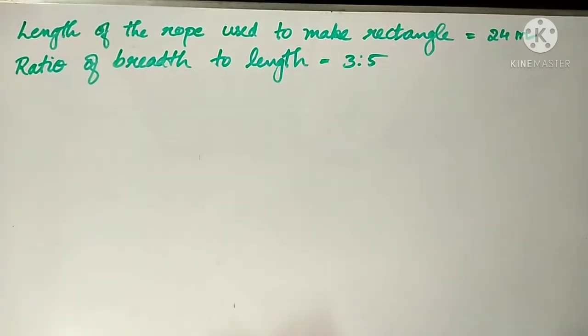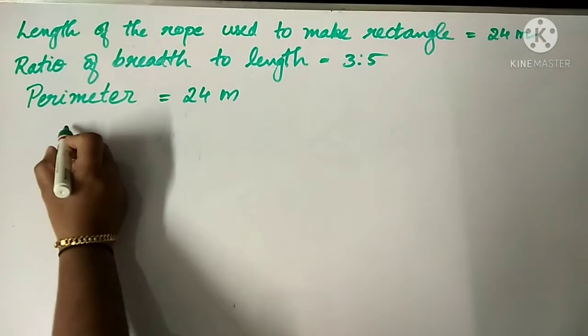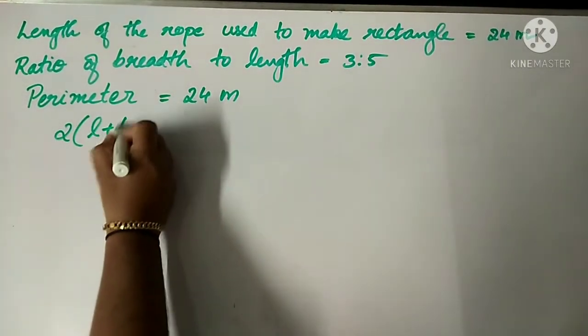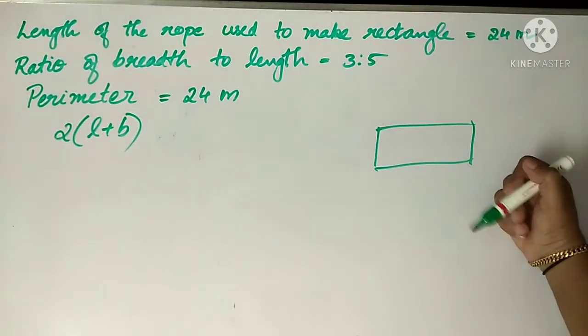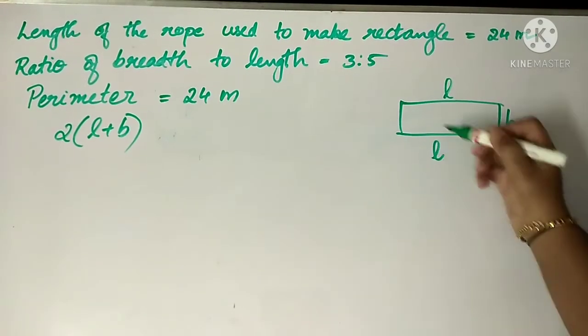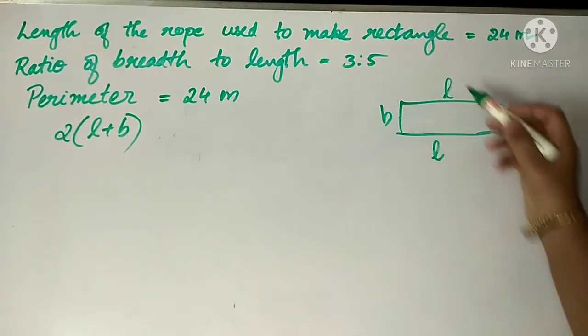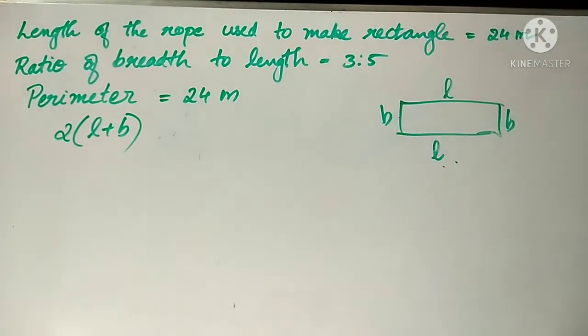It is given that length of the rope used to make the rectangle is 24 meter. That means perimeter is equal to 24 meter. We know perimeter of a rectangle is 2 into L plus B, because a rectangle is having 4 sides where opposite sides are equal: length, breadth, length, breadth. So 2L plus 2B is the perimeter.